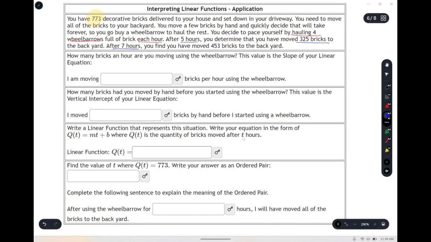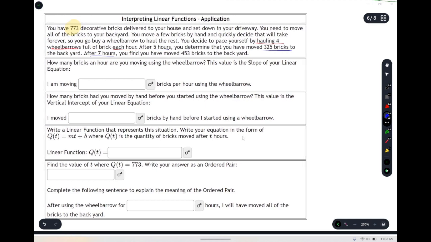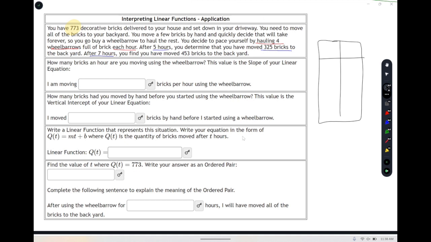Is that like after they give you a certain amount of things? So after 0 hours, how many bricks have you moved? After 4 hours, or no, wait. No, 5 hours.